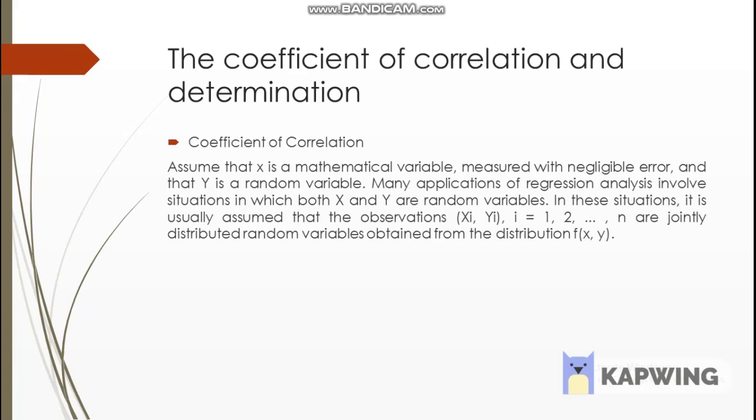In these situations, it is usually assumed that the observations xi, yi, i is 1, 2, until n, are jointly distributed random variables obtained from these distributions.